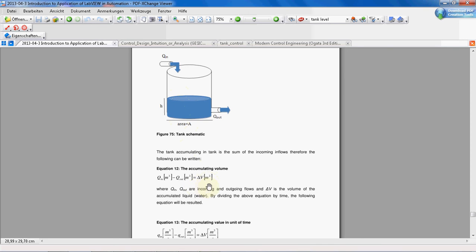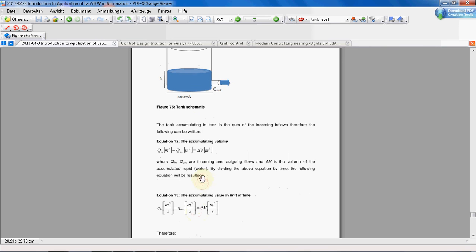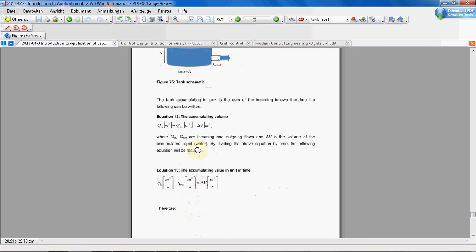Delta V, the change in the volume of the tank, is equal to the volume coming in minus the volume of water going out of the tank. Okay, I think it is clear. There is no need for more explanation.